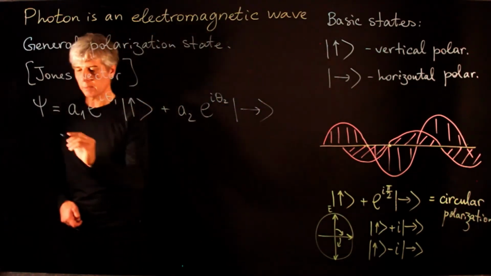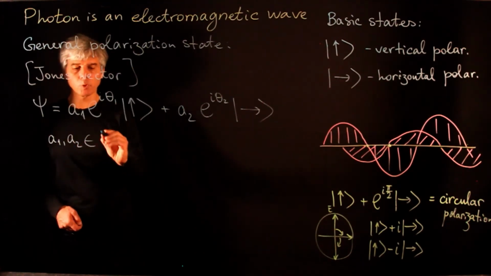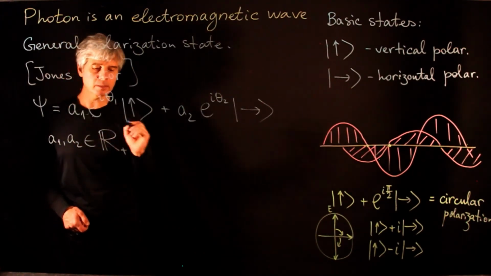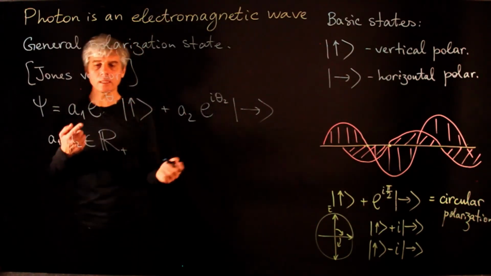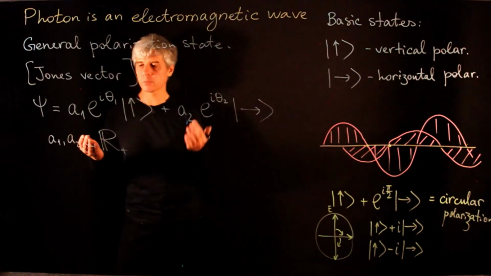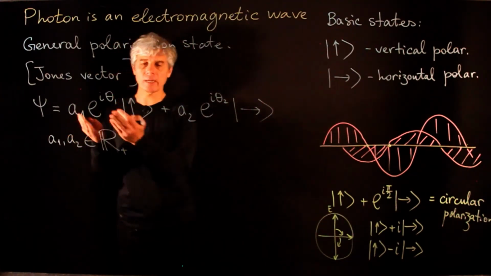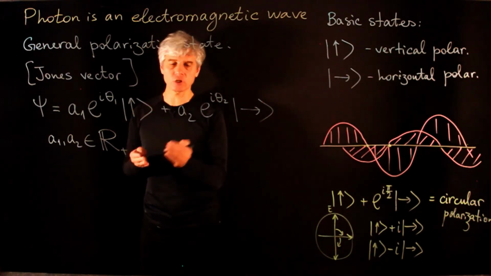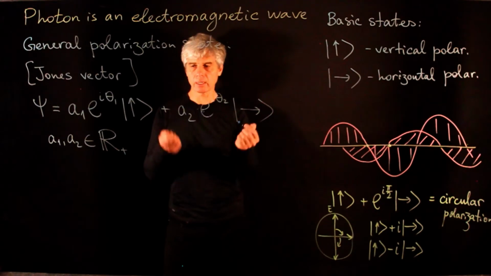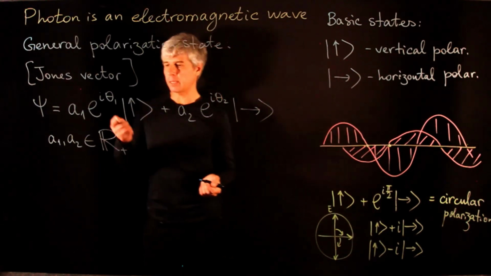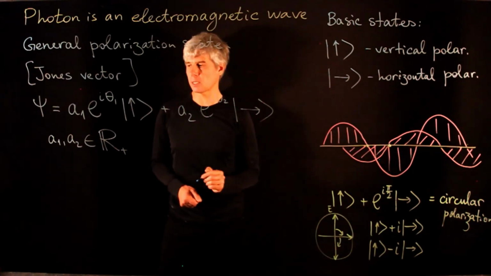Here A1 and A2 are positive real numbers, and they indicate the proportion of this mixture, how heavily the vertical polarization is present compared to the horizontal polarization. So these are relative weights, and theta 1 and theta 2 are the two phase shifts.